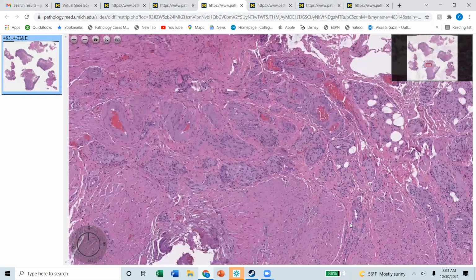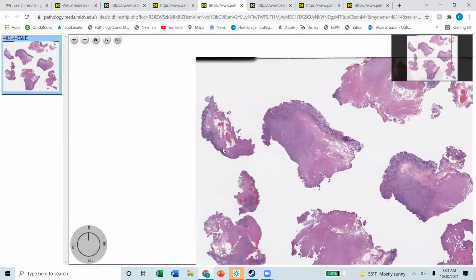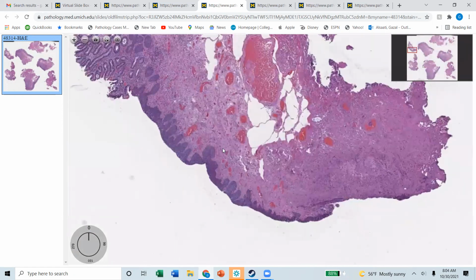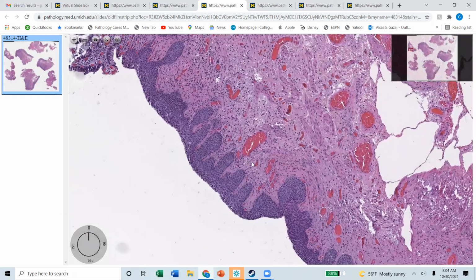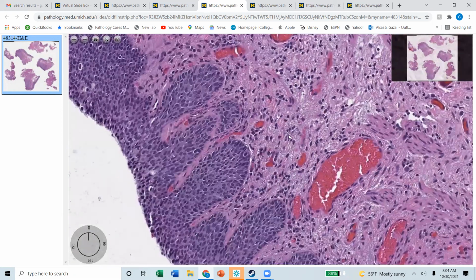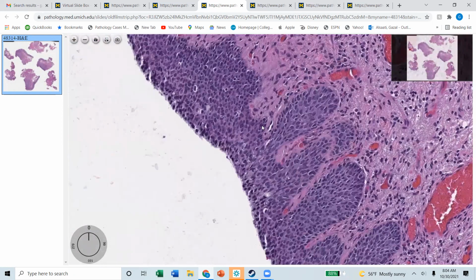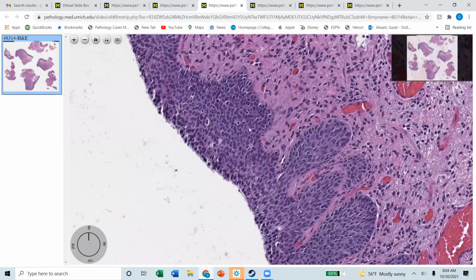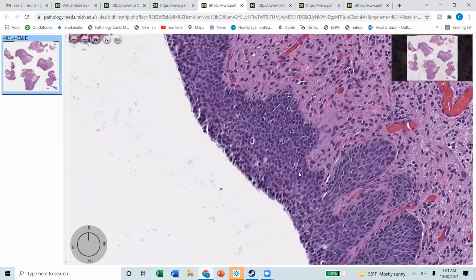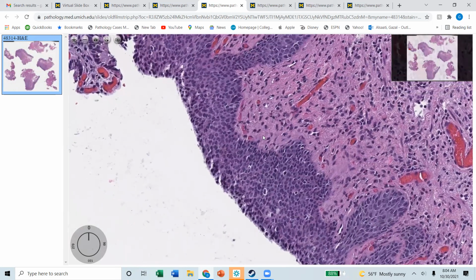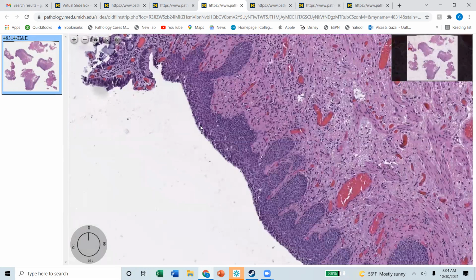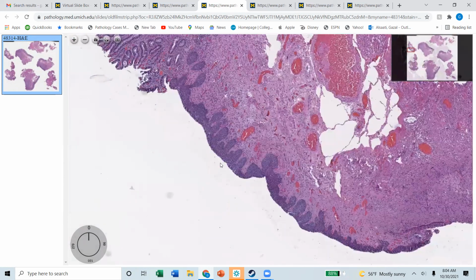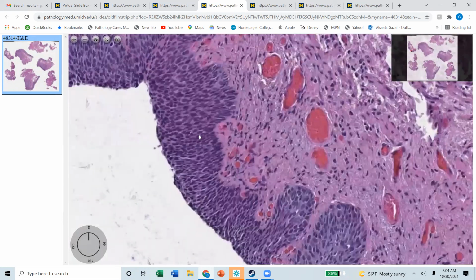Okay, so let's now see the squamous epithelium over here. They said there's AIN3, right? Let's see. The definition of AIN3 is to have mitosis in the upper third, correct? Definitely, this is an ugly epithelium.